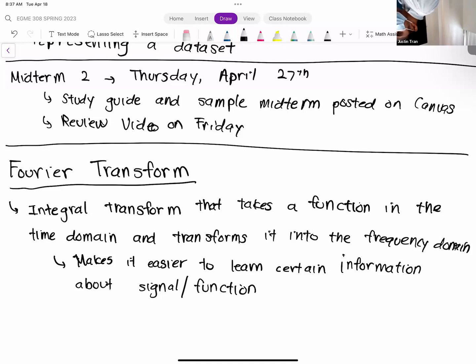And we'll go over that a bit more later today when we talk about the power spectrum, the Parseval thing.